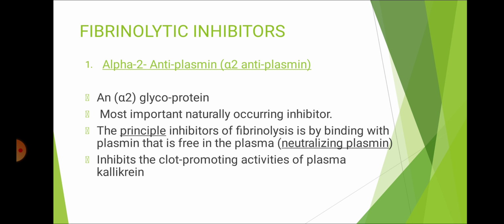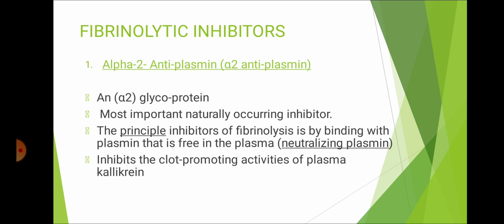Now coming to fibrinolytic inhibitors. First one is alpha-2 antiplasmin. It is an alpha-2 glycoprotein, the most important naturally occurring inhibitor. The principal inhibitor of fibrinolysis, it binds with plasmin that is free in the plasma, neutralizing plasmin.